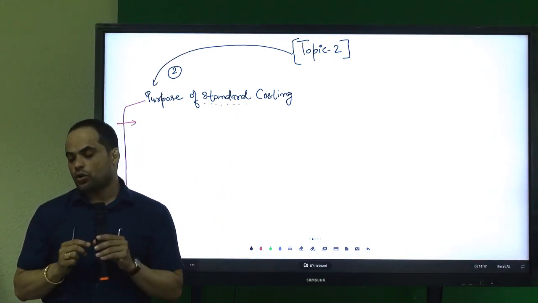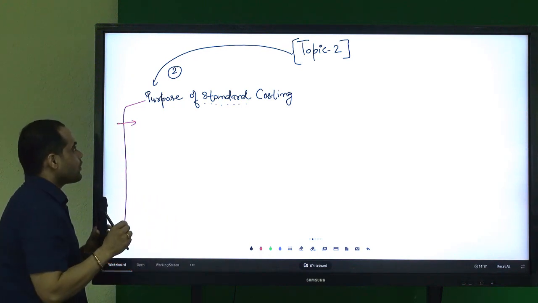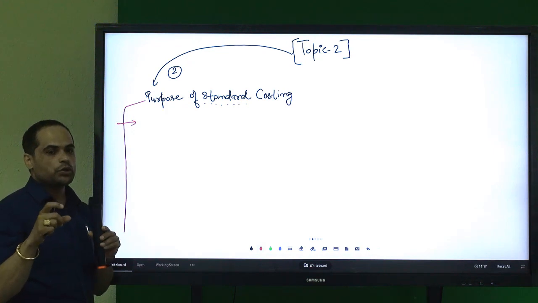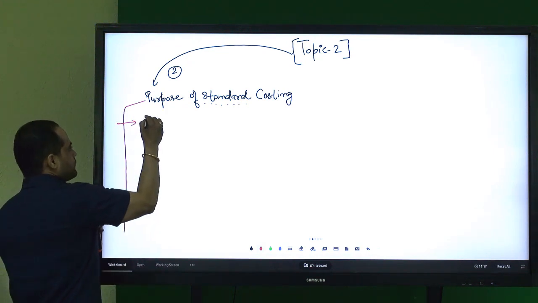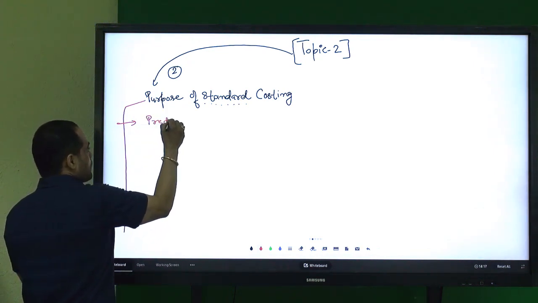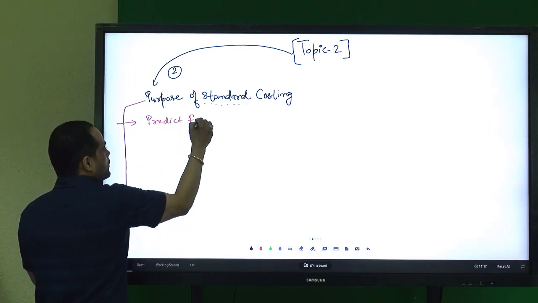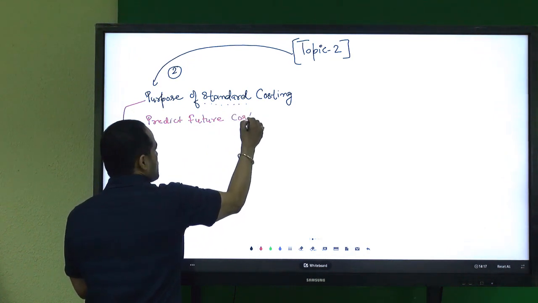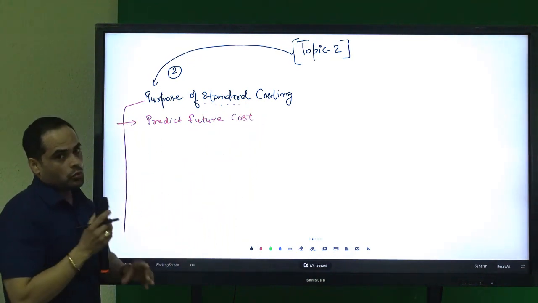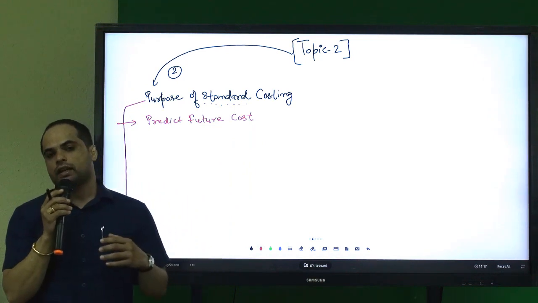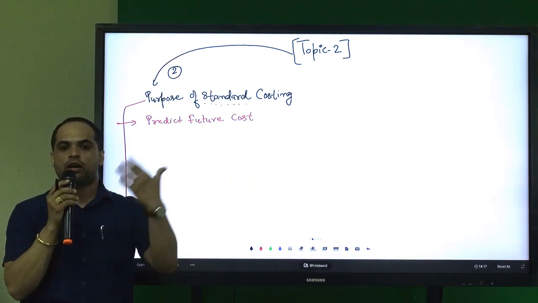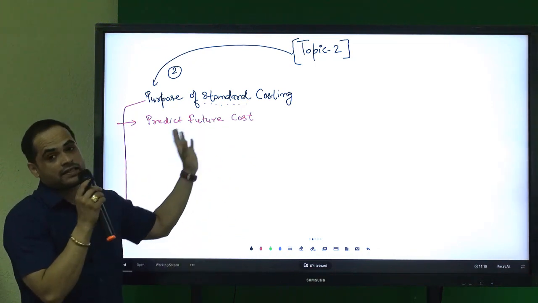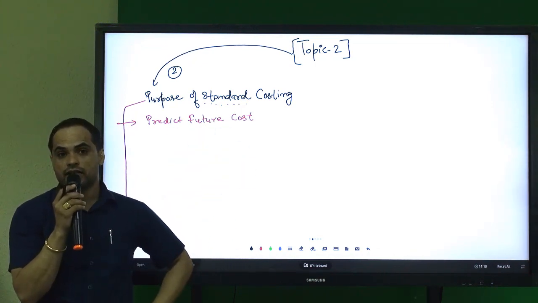By that reason, one of the main purposes of standard costing is to predict future cost. With the help of standard costing, we can understand what costs are going to occur in the future by implementing this standard costing system in the organization.